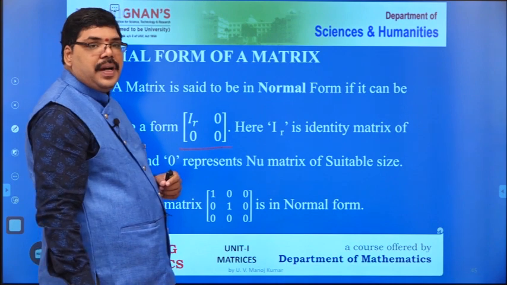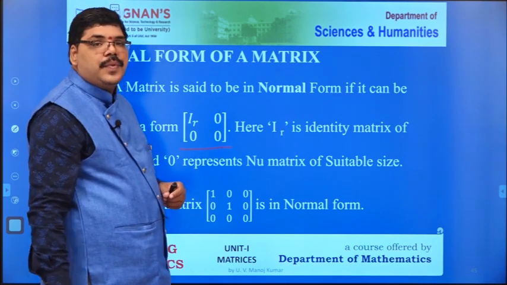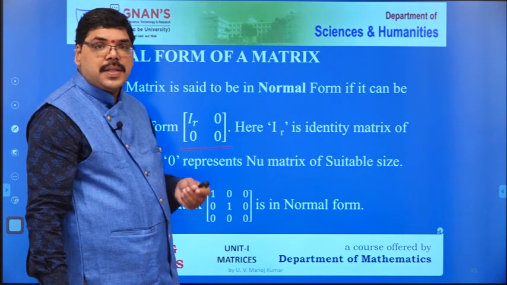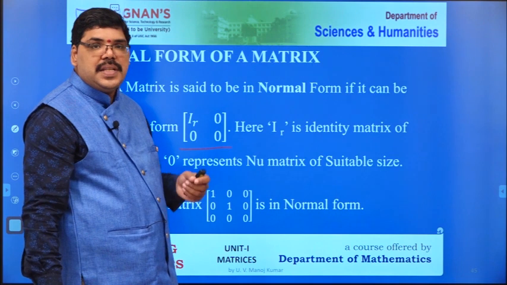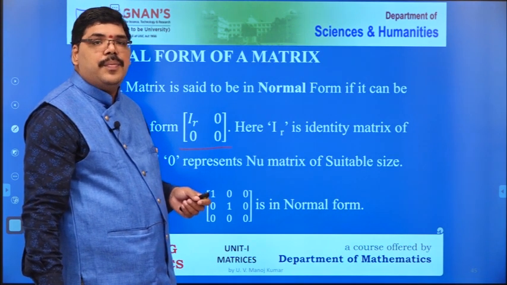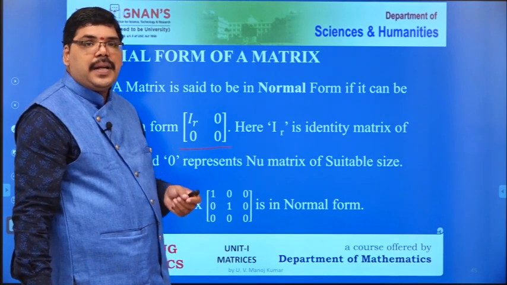So, if a matrix is reduced like this, it is said to be in normal form. How do we reduce a matrix into echelon form or normal form? That is the topic of discussion of this class. We reduce a matrix into echelon form or normal form by using elementary row operations.